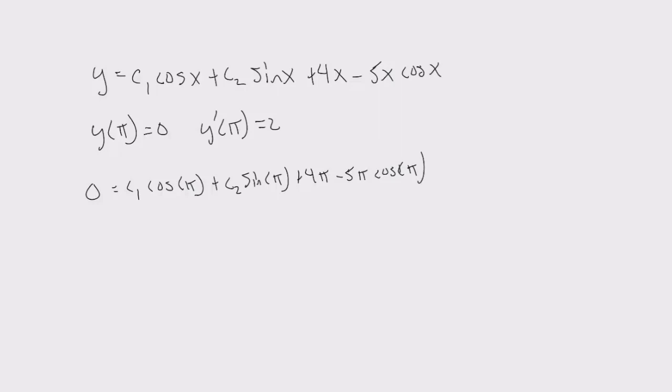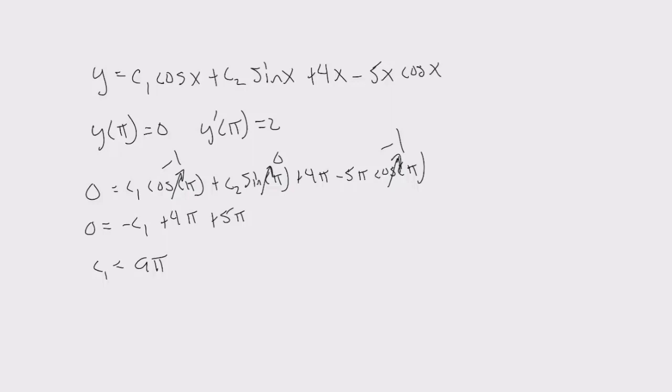Well, cosine of pi is -1, so I can replace all of those cosine pi's with -1, and sine of pi happens to be 0. So that says 0 equals negative c1 plus 4 pi plus 5 pi. So c1 itself has to be 9 pi.